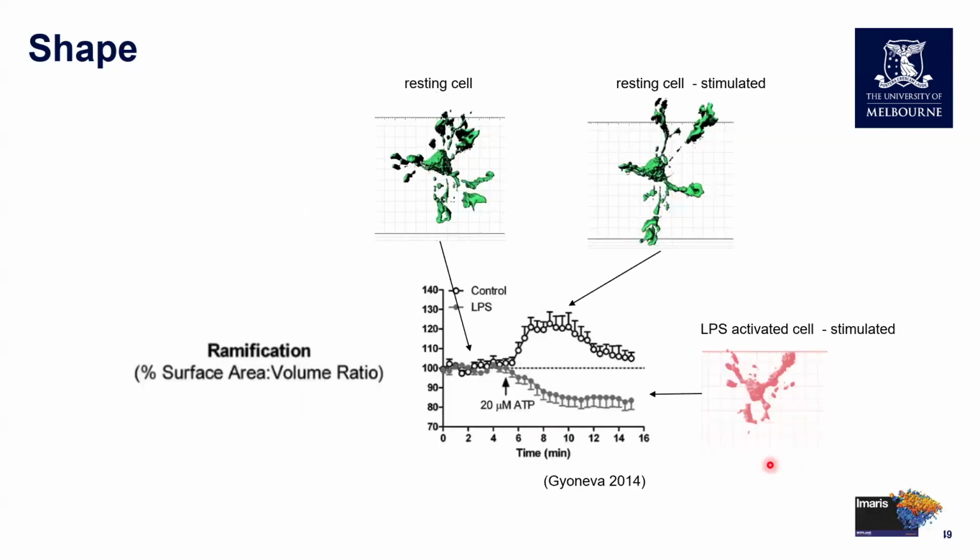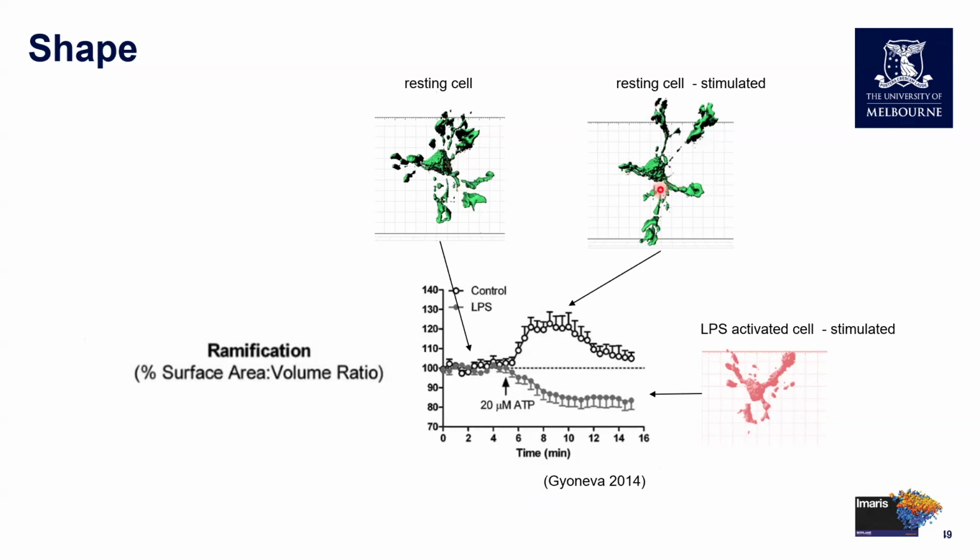As an example of how such a ratio is used, in this paper the researchers described the morphology changes of cells in 3D. When the glial cell shown here is stimulated with ATP, which is one of the inflammation factors, the process of the cell becomes longer than when the cell was in the resting state.